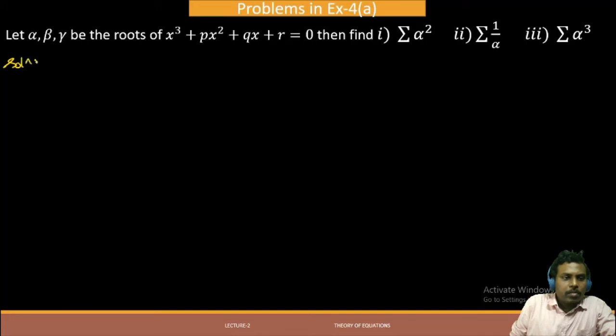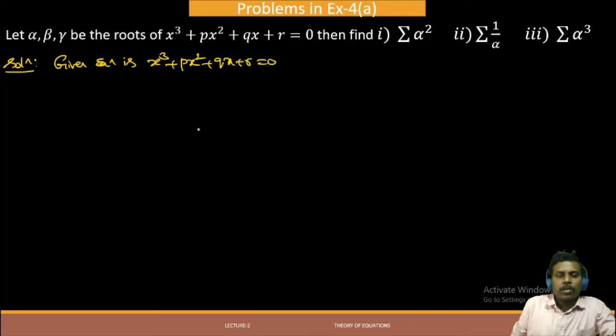Here is the solution. So given equation is x cube plus px square plus qx plus r is equal to 0. Now alpha, beta, gamma are the roots of given equation.